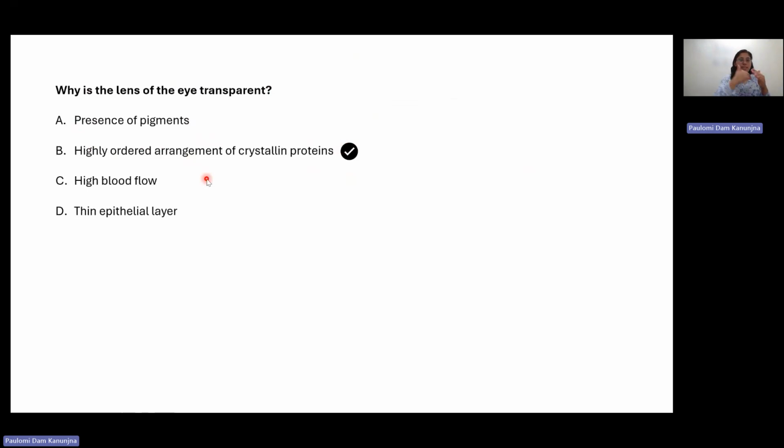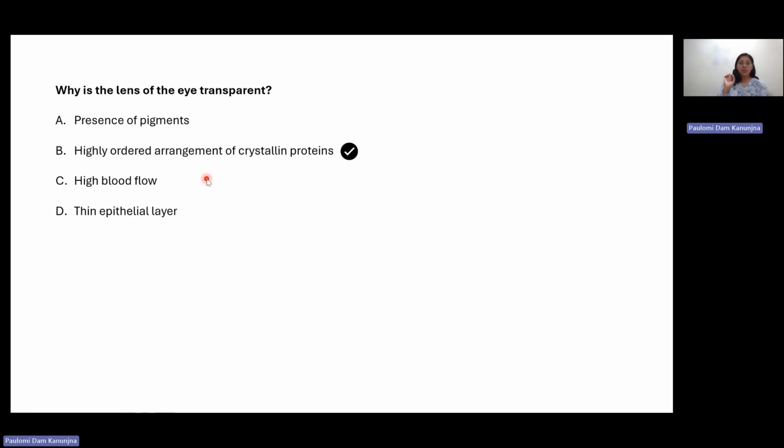And if these proteins are the ones that make up the lens, you can see how gappy the lens will be. So you want everything packed together so that the lens forms just like this and the light just passes through it, right? So you want this compact arrangement of the crystalline proteins, right?